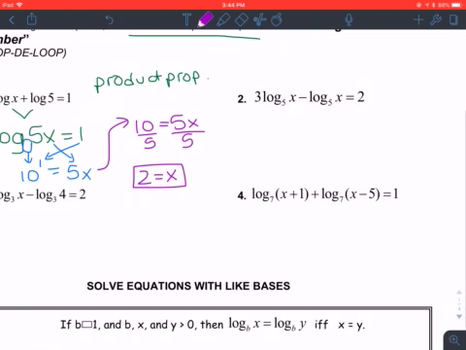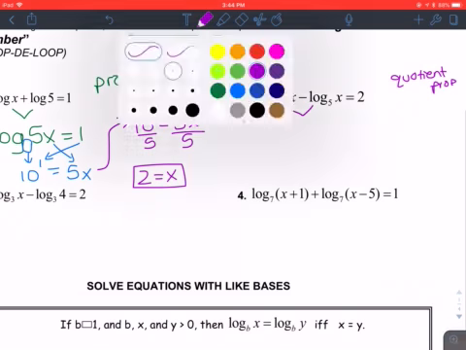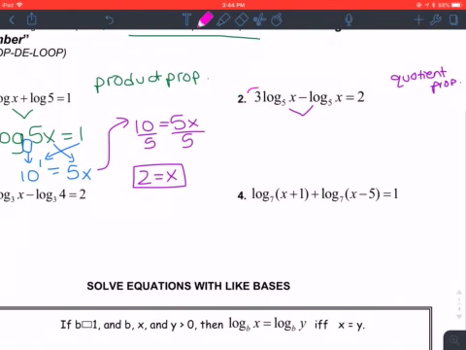For number 2, we're going to combine these two logs using the quotient property. So if I'm subtracting logs, I would divide. Now notice we have this 3 coefficient. So before I can combine these, I'm actually going to need to move that as an exponent using the power property.